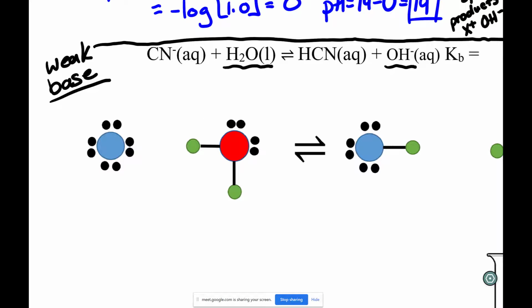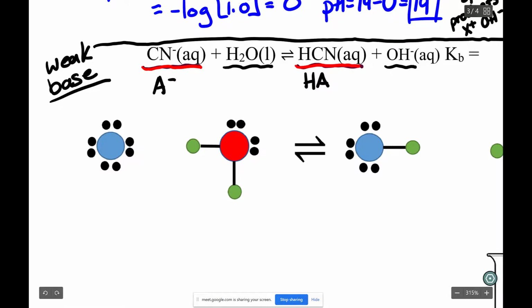So CN minus, the generic formula for this weak base is A minus, and the generic formula for its conjugate acid is HCN, which is HA. So in a weak base ionization, we're always going to have something plus water making something plus hydroxide. The only thing that's changing out are these somethings.